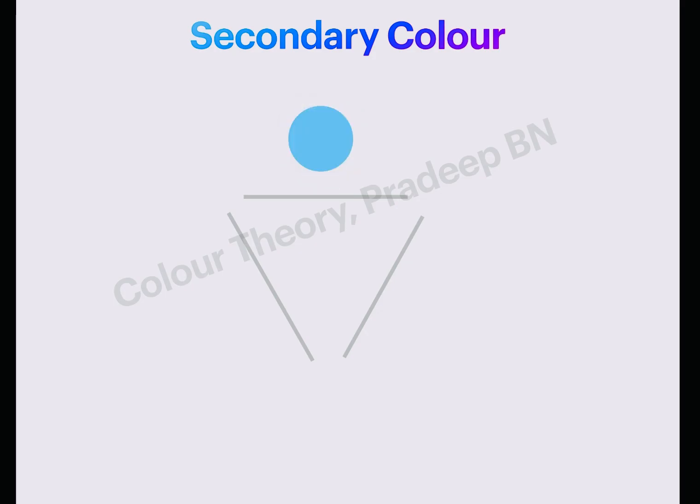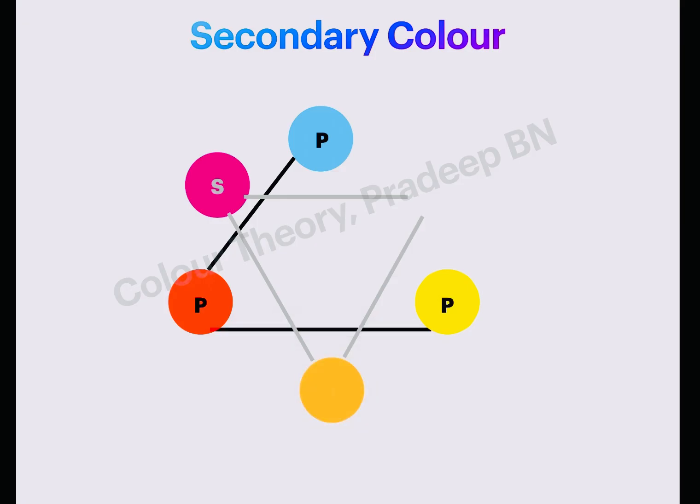Now let us try to understand what are secondary colors. So when we mix any two primary colors in equal quantity, we get secondary color. For example, when we mix blue and red, you get violet. Similarly, when you mix red and yellow, these two are primary colors, you get orange as the secondary color.